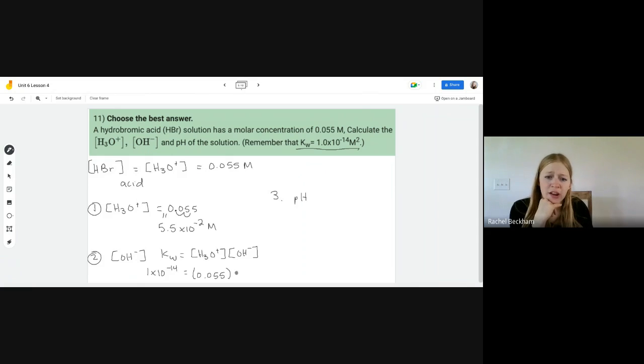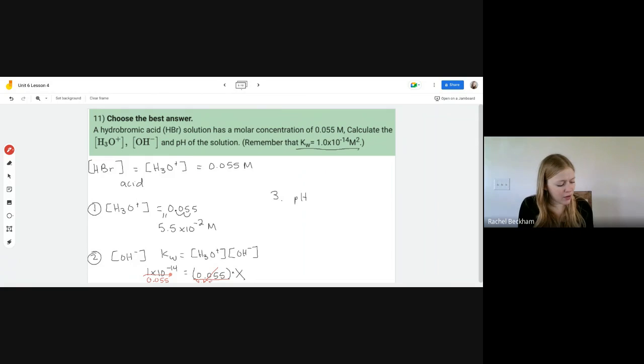And then OH negative is like our X. So right now, our X is being multiplied by 0.055. So we need to, I'm going to write really small here, divide both sides by 0.055 so that it cancels out here. And what I do over there, I have to do over here.